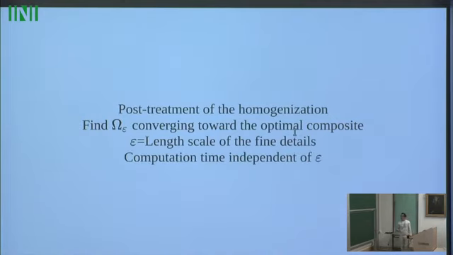One advantage of this method is that the computational time is completely independent of epsilon. So in particular, you obtain your whole sequence for all values of epsilon in one go. You do not have to perform new computation for each epsilon.